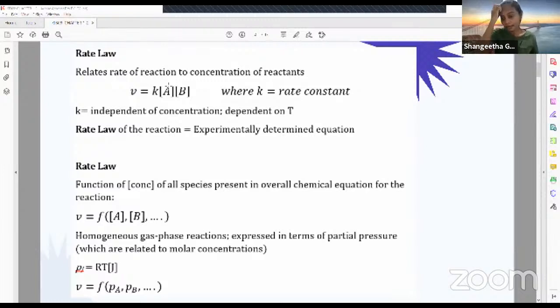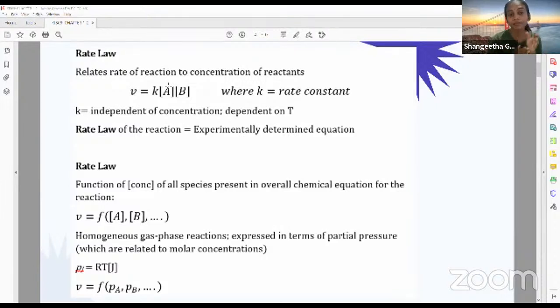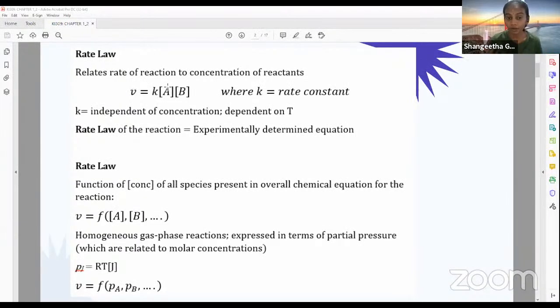Now we are introduced to a new term, the rate constant. Later we will look at how to find the unit of the rate constant. Your rate constant is independent of the concentration because it is a constant in the reaction, but it is dependent on the temperature.